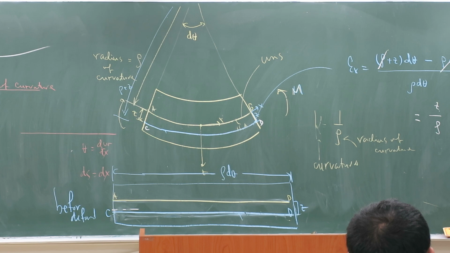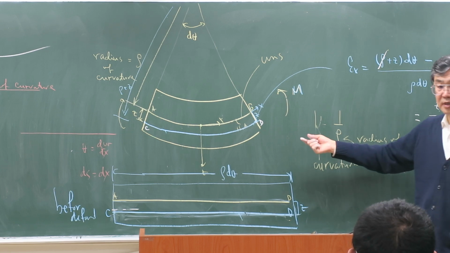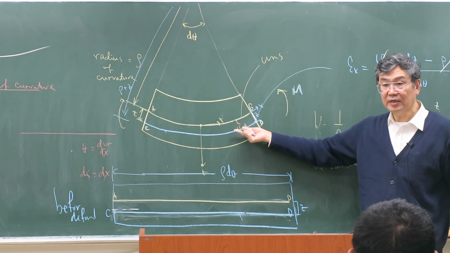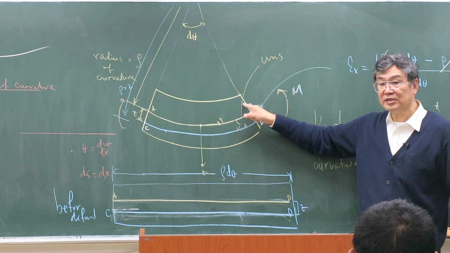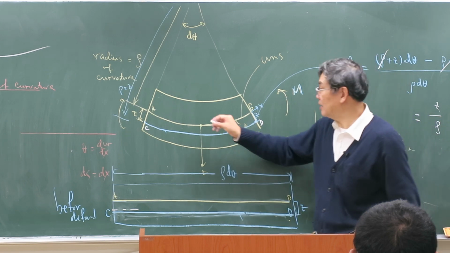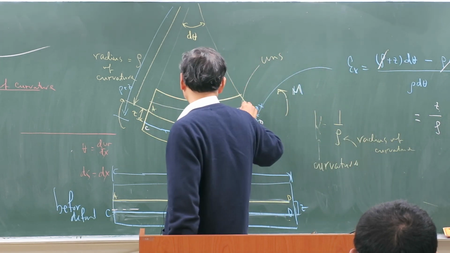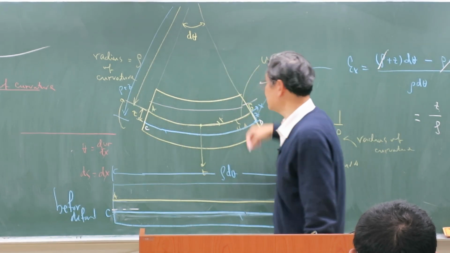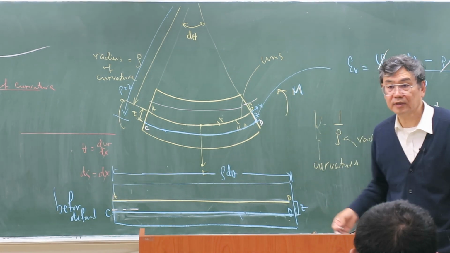So positive curvature with positive z coordinate, the fiber will be in tension. So the whole theory is complete. Right? So the fiber here is stretching, but here is compression, shorter, because this fiber here is rho minus z, shorter.